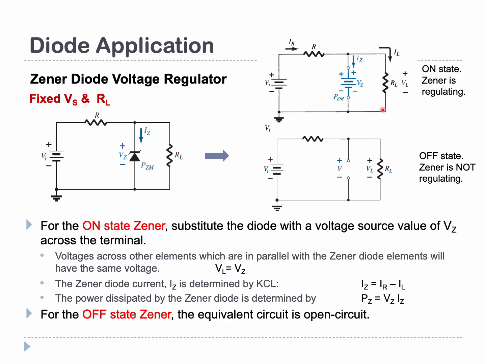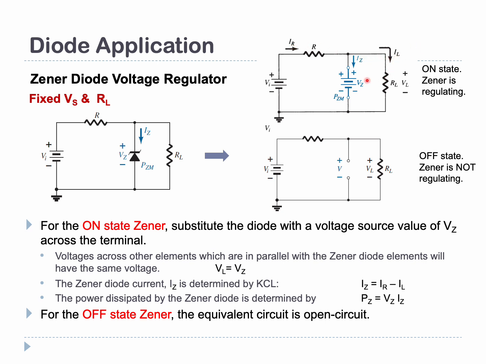From here we can calculate the value of current. So for the current IR, we're going to use the KCL, Kirchhoff current law. It's going to be IR is equal to IZ plus IL, right? And if you want to determine the value of IZ, of course it's going to be IR minus IL.